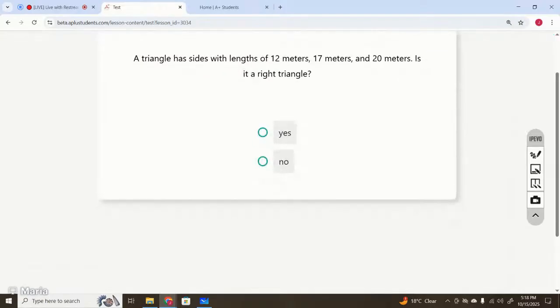A triangle has side lengths of 12 meters, 17 meters, and 20 meters. Is it a right triangle?